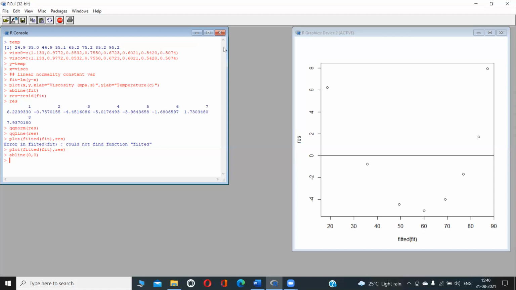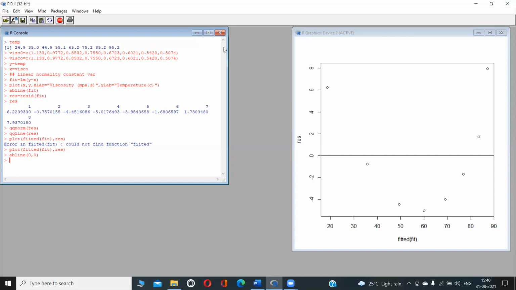So before performing any regression analysis, always check these assumptions. If you are applying linear or multilinear regression on any data, always remember to check these assumptions. If your data is not following these assumptions and you still apply the regression analysis, whatever answers you get really don't mean anything.